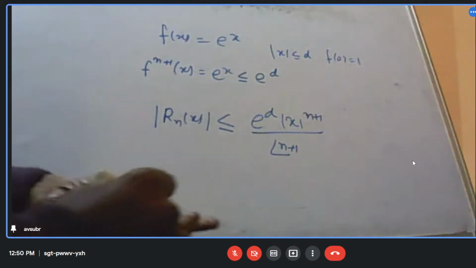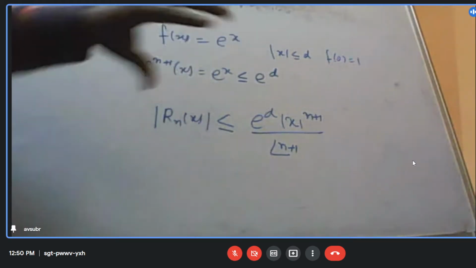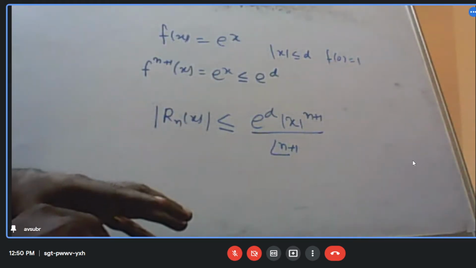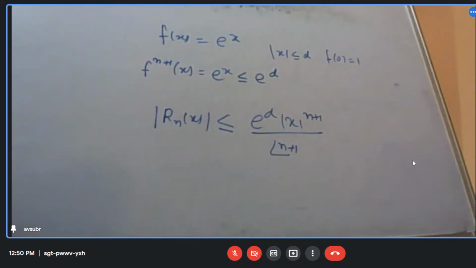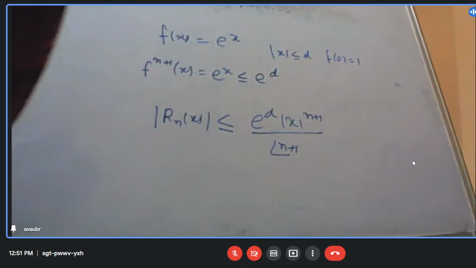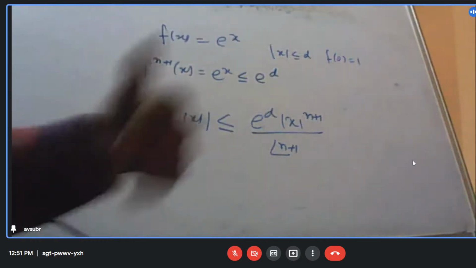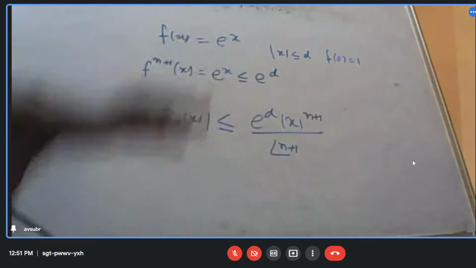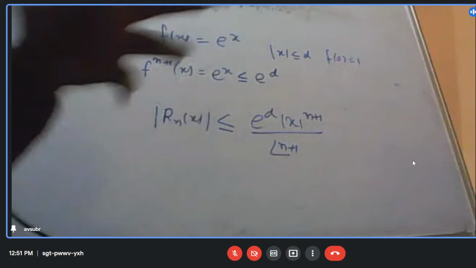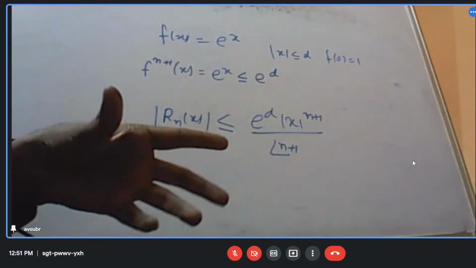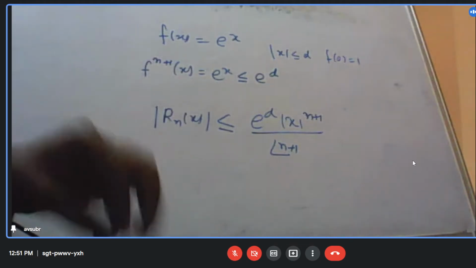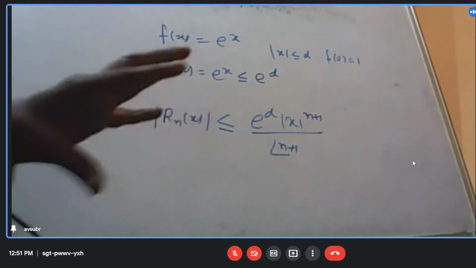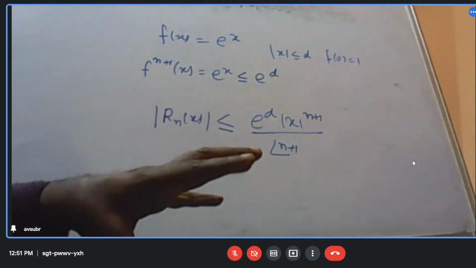So it means that depending upon the error which we can tolerate, we can terminate the series. The more terms we take, the better the approximation. The fewer terms we take, the worse it will be, the error will be more.